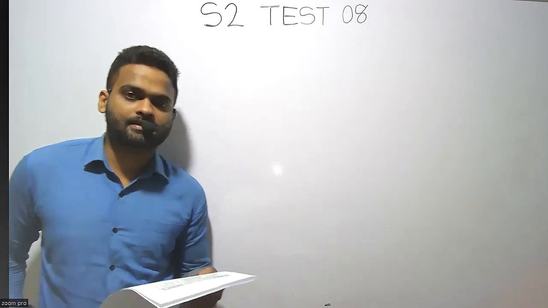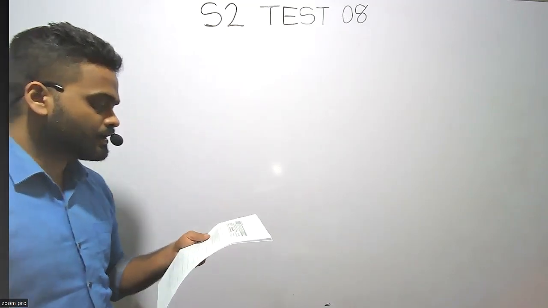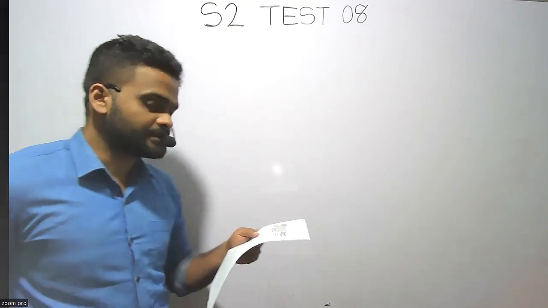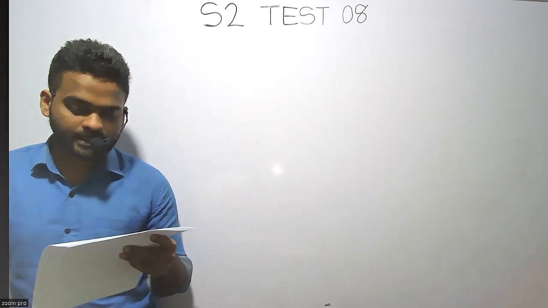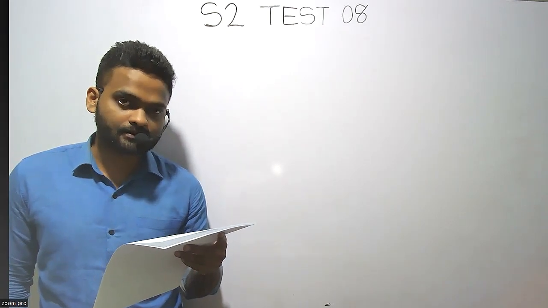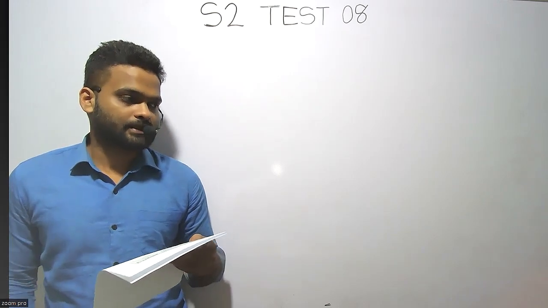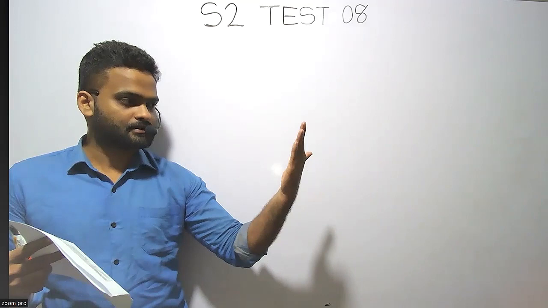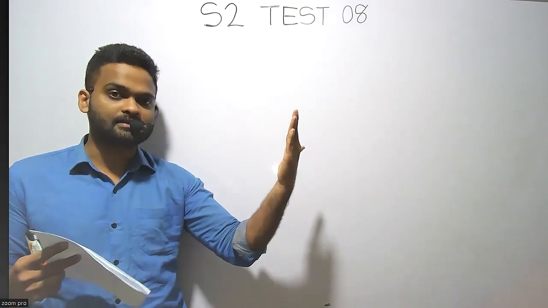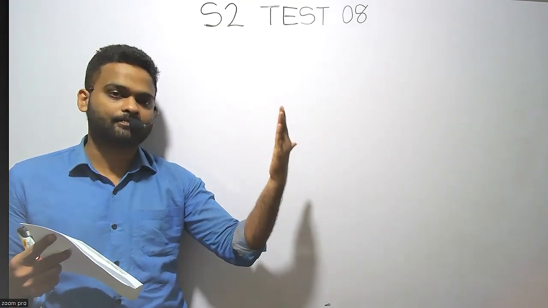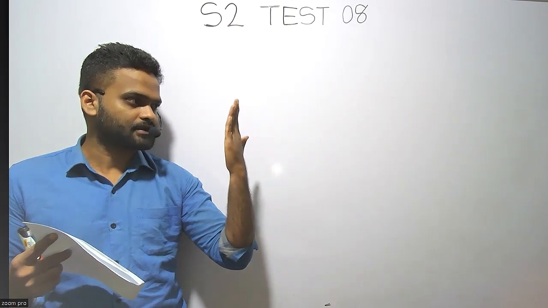Okay, second question. A normal eye cannot clearly see objects that are closer than 25 centimeters. So that is the average minimum distance at which a human eye can see. It is about 25 centimeters.